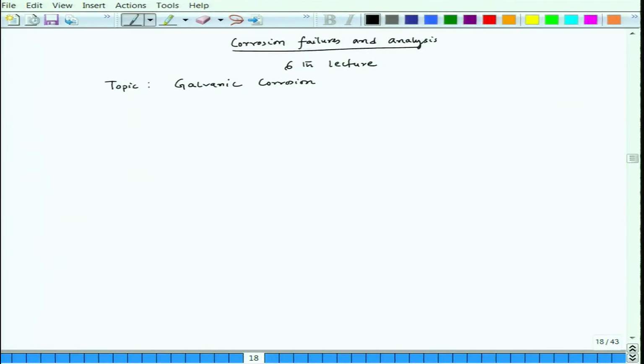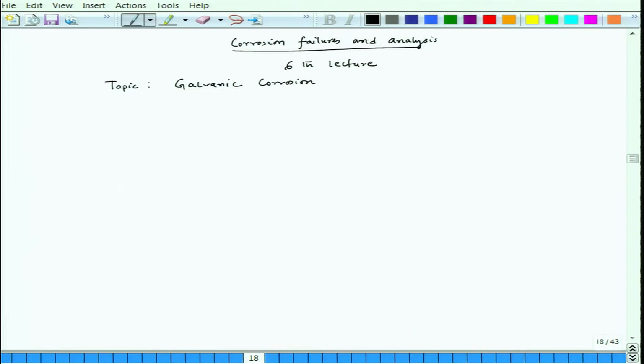Now, if you see the uniform corrosion mode, there you could find that cathodic and anodic reactions are actually uniformly taking place over the entire metal surface.